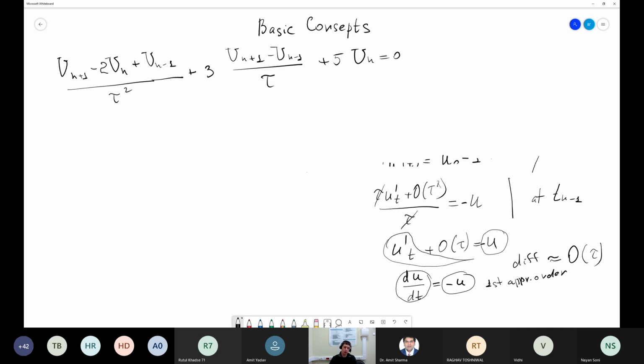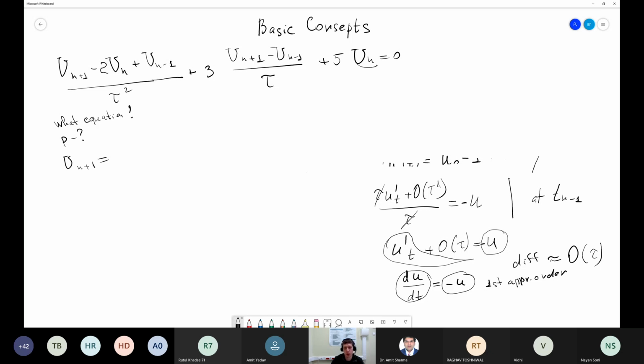The goal or the question of this problem is to find what equation this scheme approximates, and the approximation order. What is the approximation order? It's quite trivial. You choose any point.